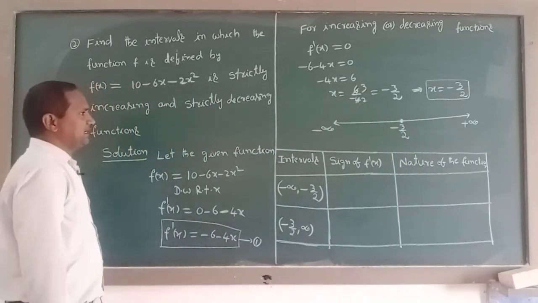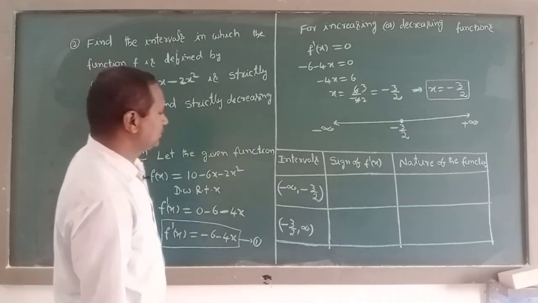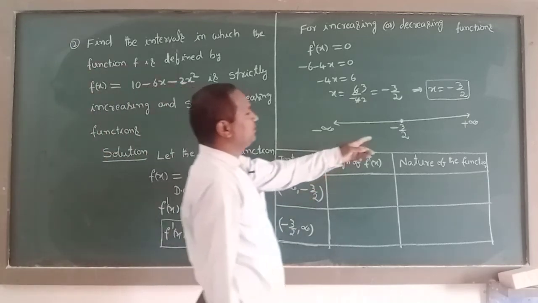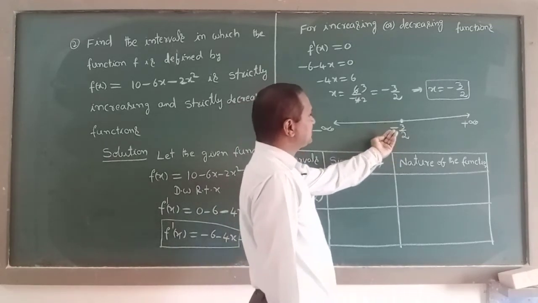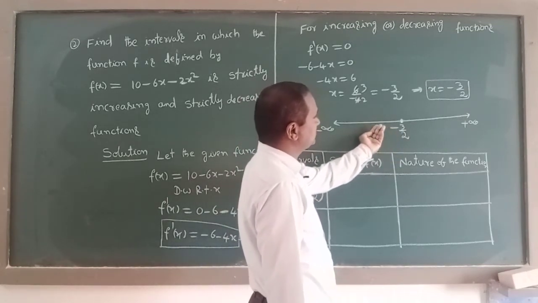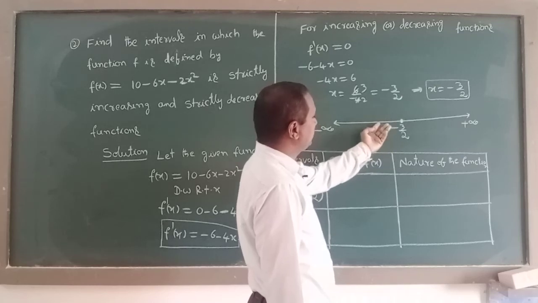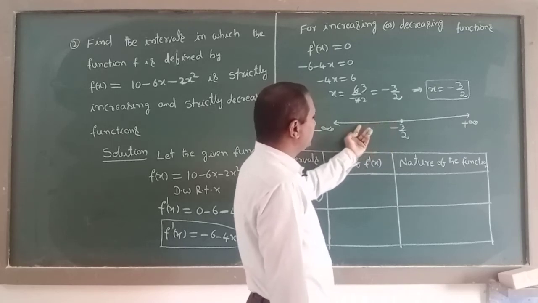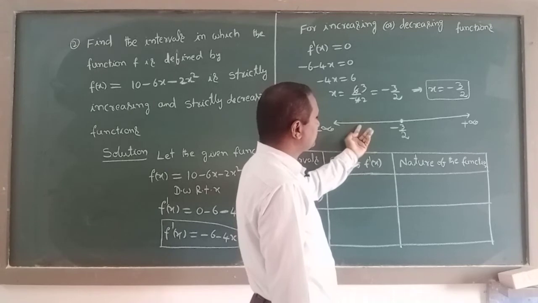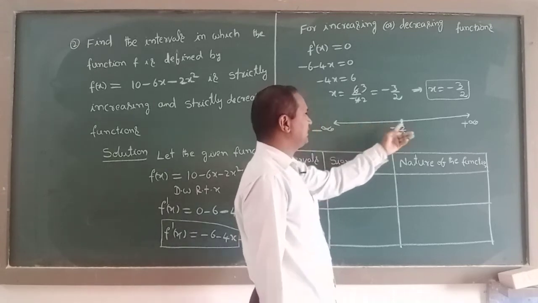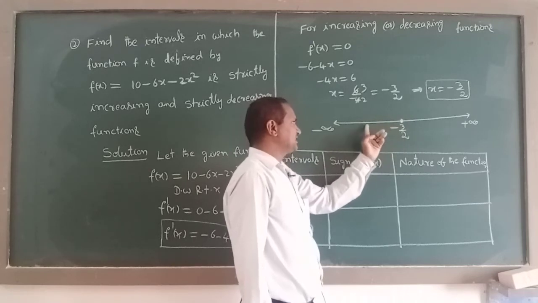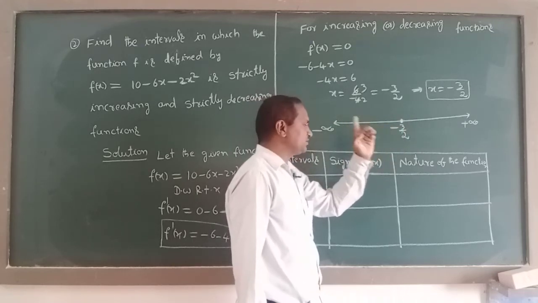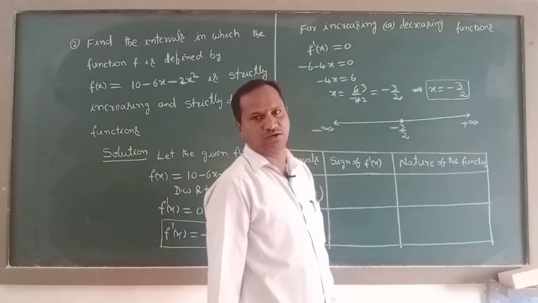Minus infinity comma minus 3 by 2 here. This is minus 1.5. Before minus 1.5 means minus 2, minus 3, minus 4, minus 5, like those numbers will come in that interval.